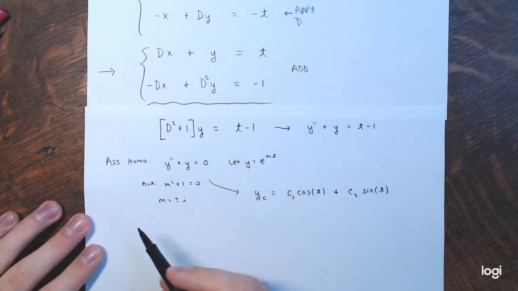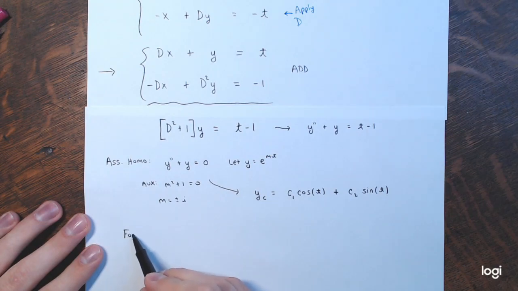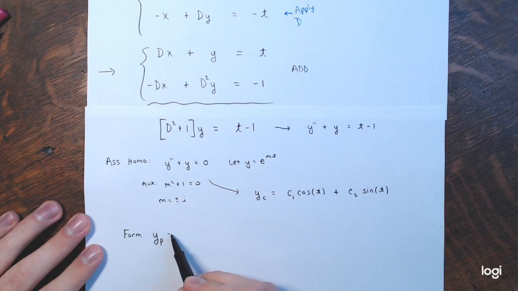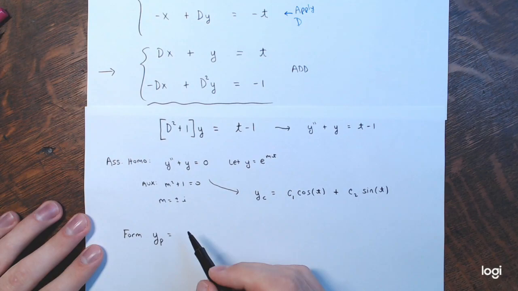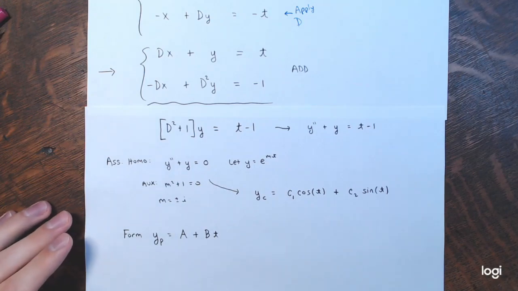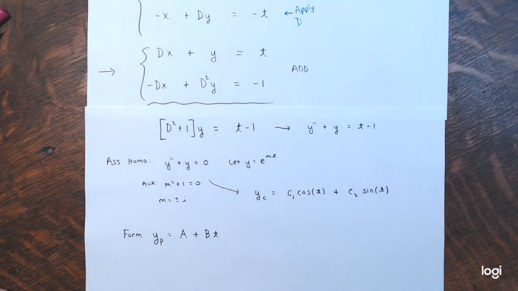And so the form that a particular solution to this takes, yp, would be some constant plus some constant times t, a plus bt.